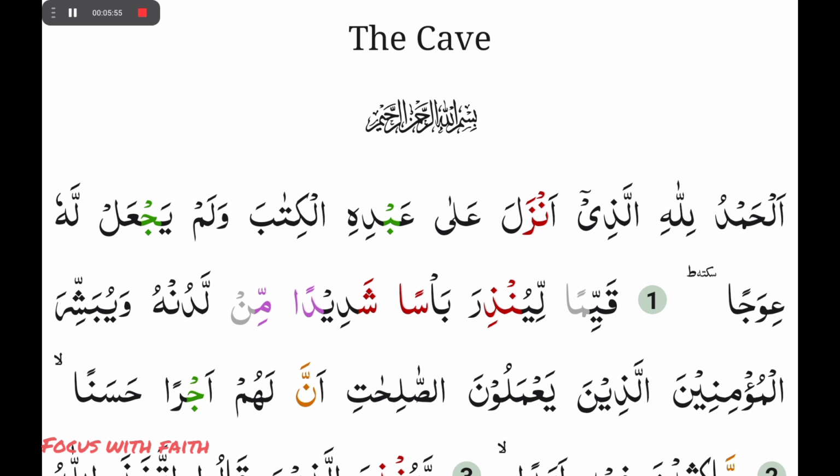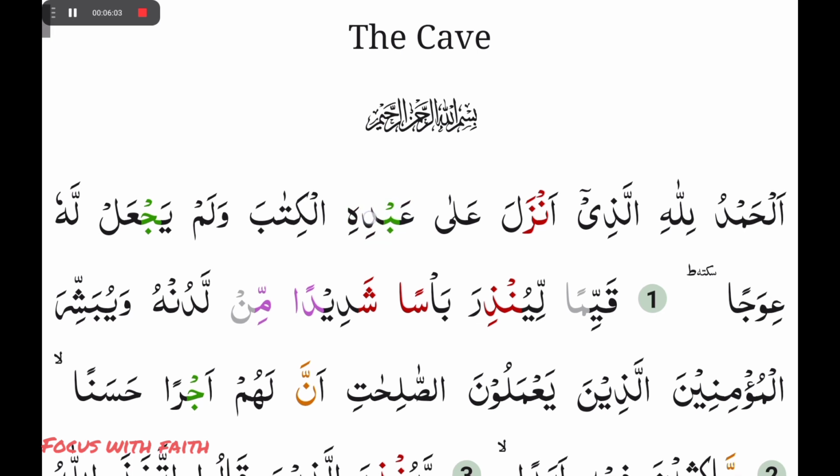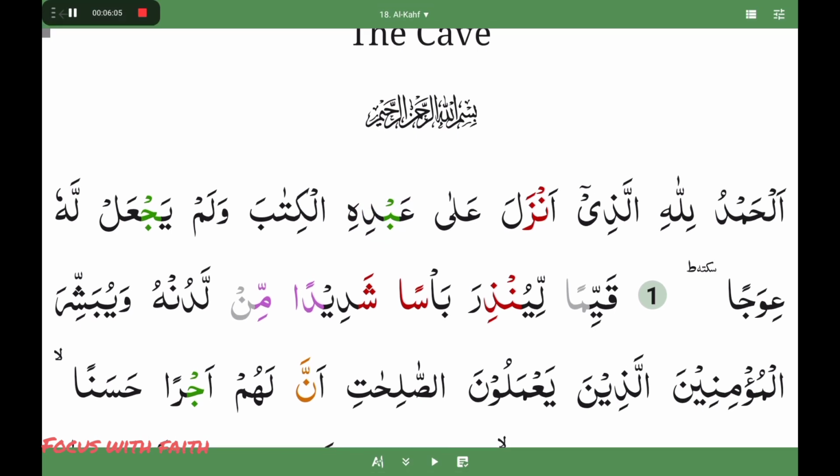That is what the hamzatul wasl does. It connects. Lillahi alladhi. If you go here, it will be abdihil kitaba. You don't read abdihi al-kitaba, rather you connect it. Then the question comes, when do you use this hamzatul wasl then? Is it of any use? Yes.